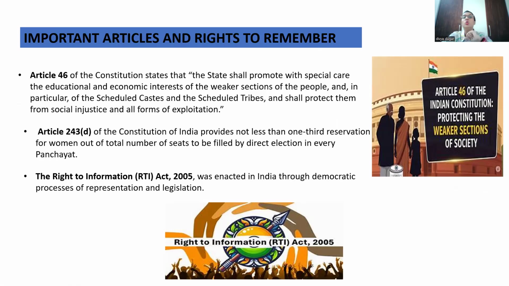Now students, as we are talking about women, there are a few countries where it took so much time for women to get the right to vote. It's not written here, but I'll tell you. In the USA, women got the right to vote in 1920. In Britain, women got the right to vote in 1928. And in Switzerland, I think women got the right to vote in the 1970s.